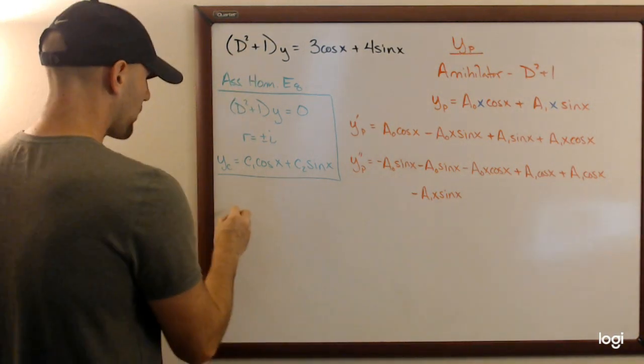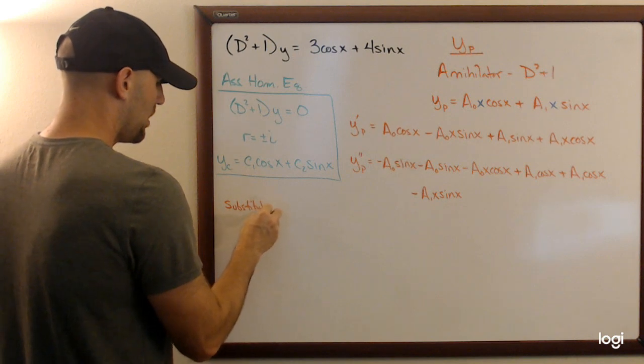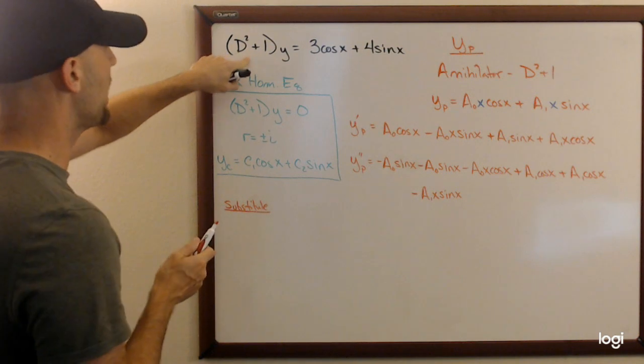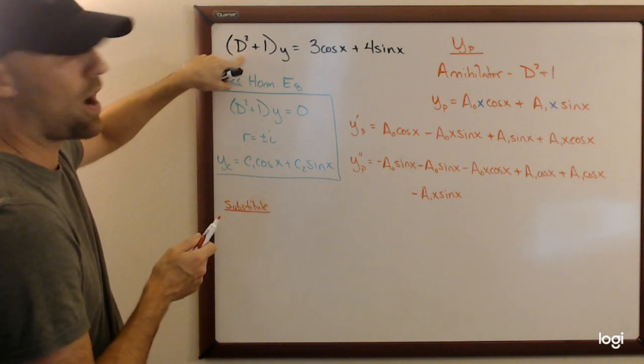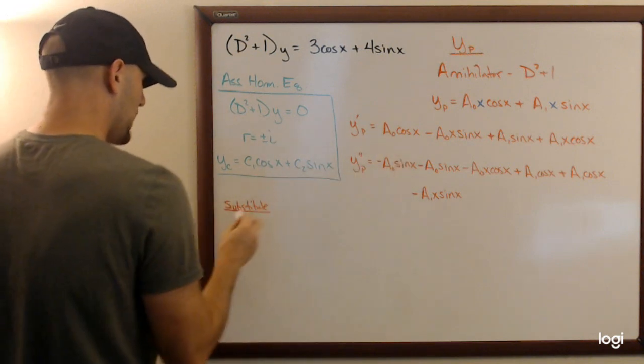So go ahead, substitute. All right, so be very careful. I'm going to substitute the whole thing. This left-hand side says second derivative of y plus 1 times y. Okay, so second derivative of y is this.